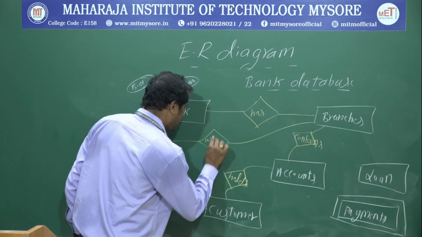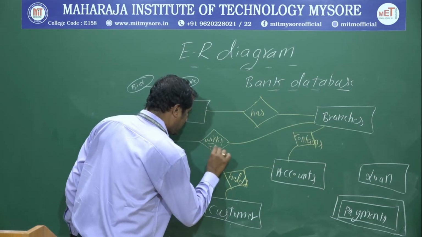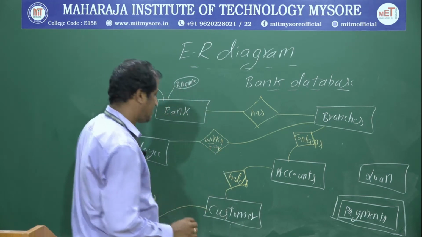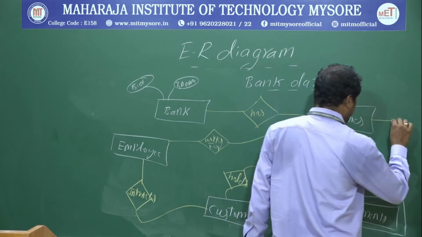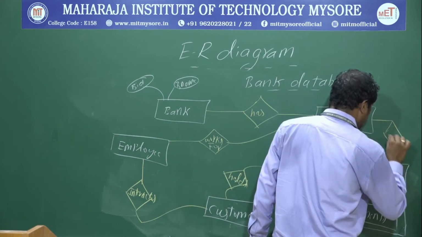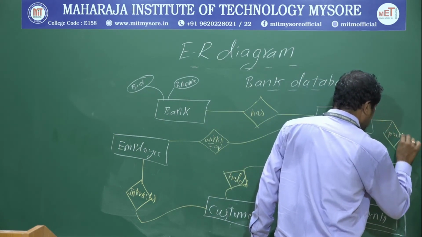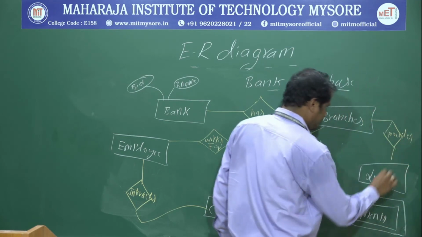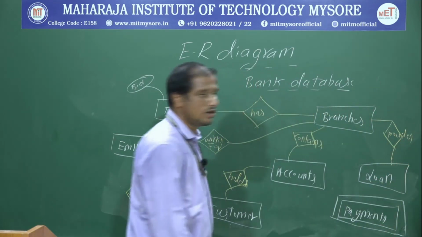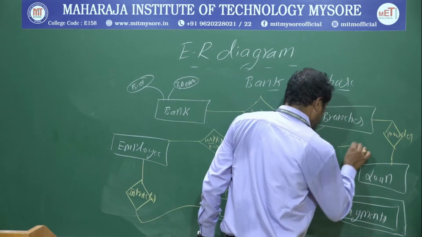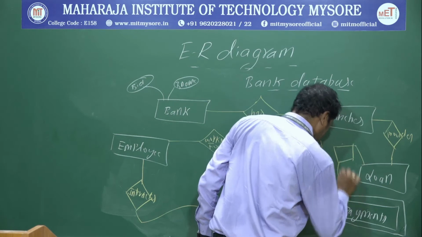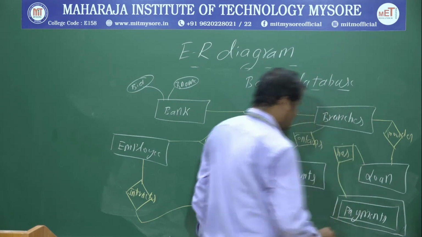Employee works for branches. Branch provides loan. Loan has payments.